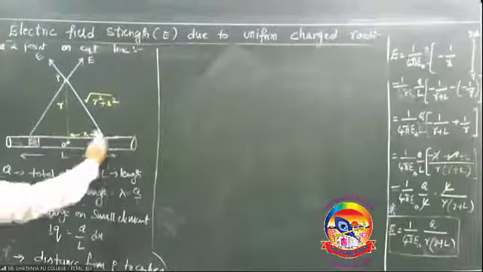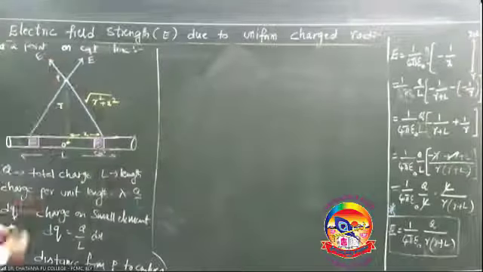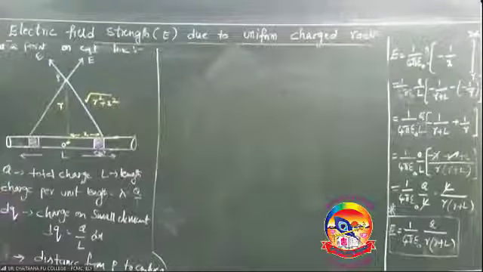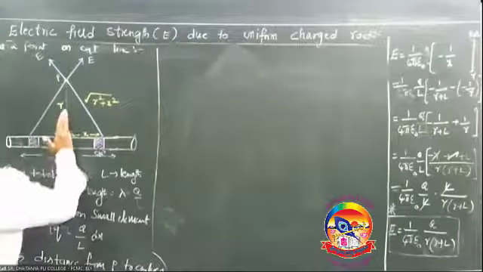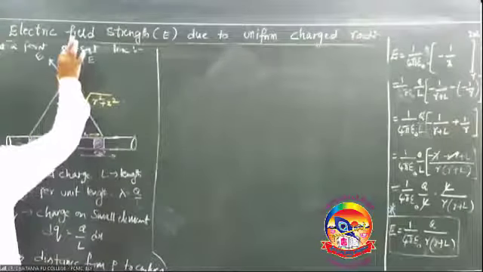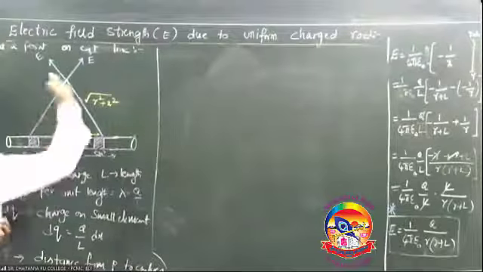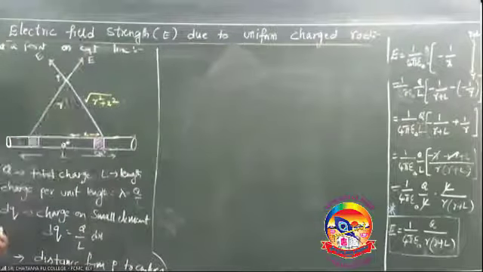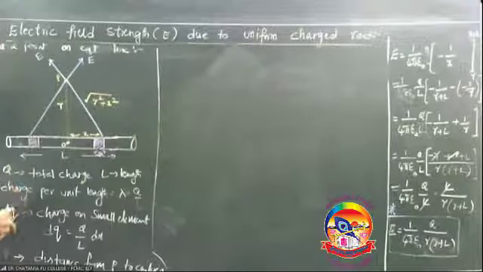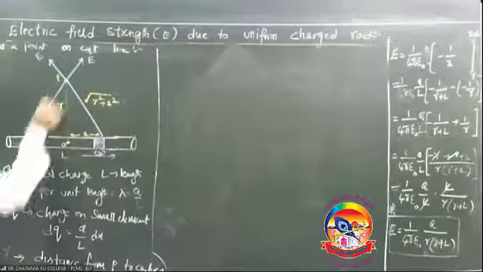Clear? But we want the field at a point on its equatorial line, and it is directed like this. Resolve this E into two components.